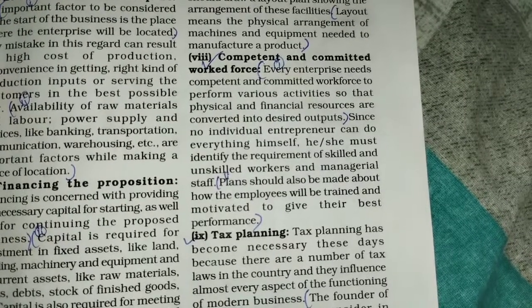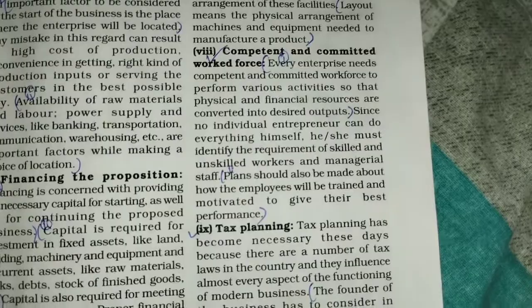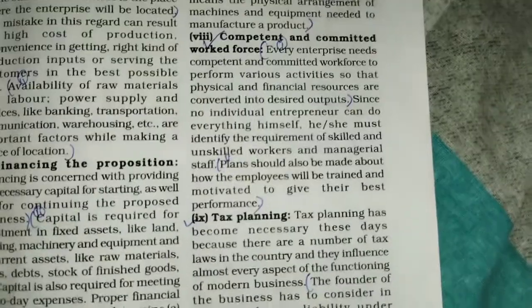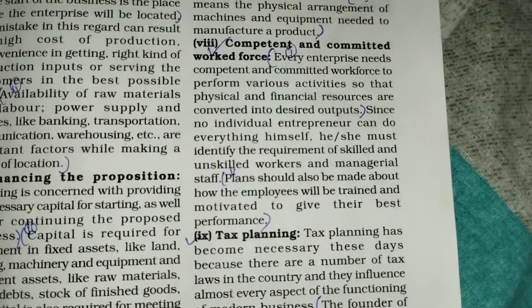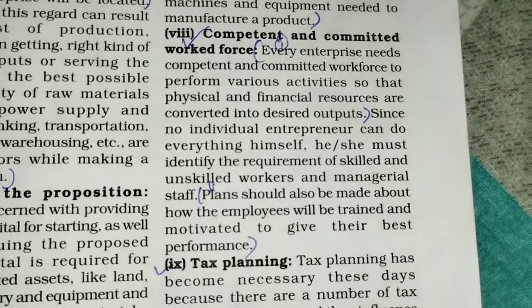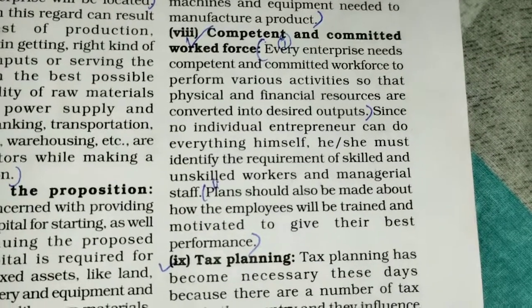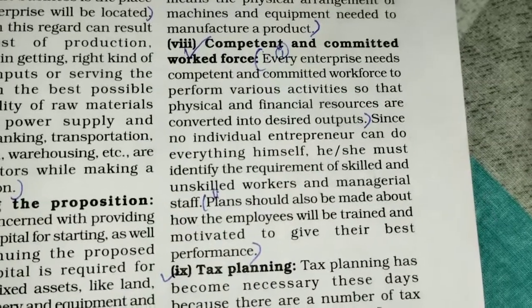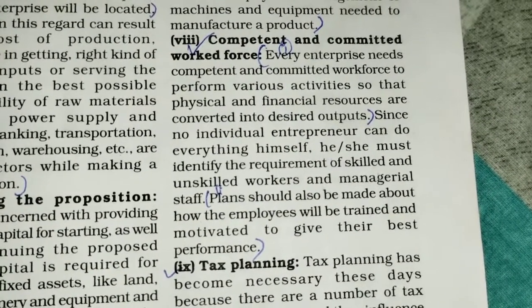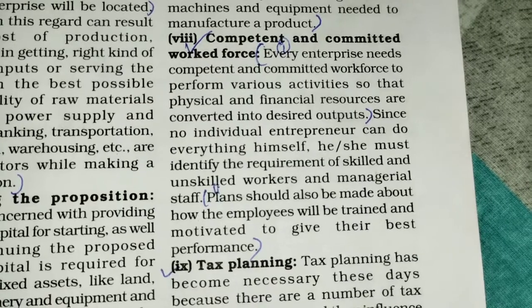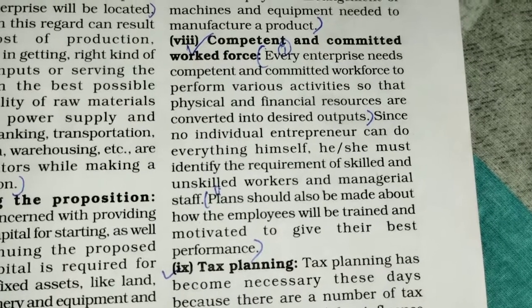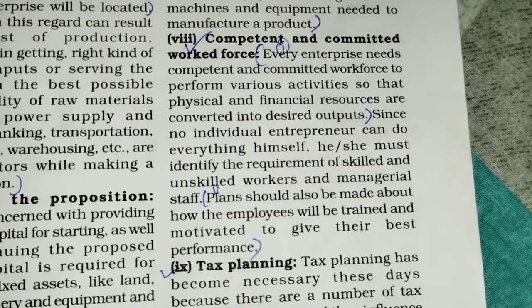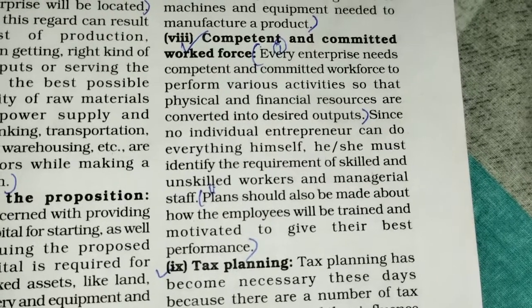Now, the eighth point is competent and committed workforce. Every enterprise needs dedicated, competent, and committed workforce to perform various activities so that physical and financial resources are converted into desired outputs, and the business can achieve its profit in a short period. Since no individual entrepreneur can do everything himself, he or she must identify the requirement of skilled and unskilled workers and managerial staff.